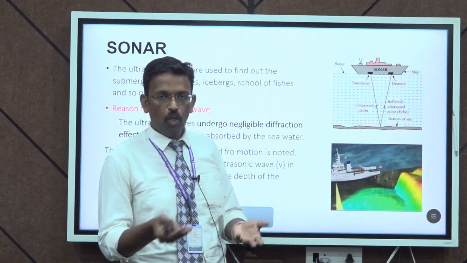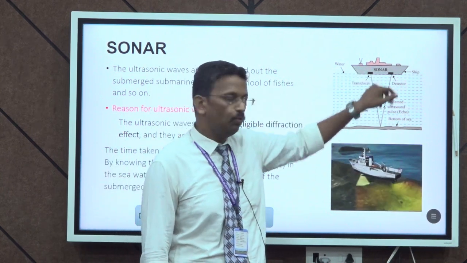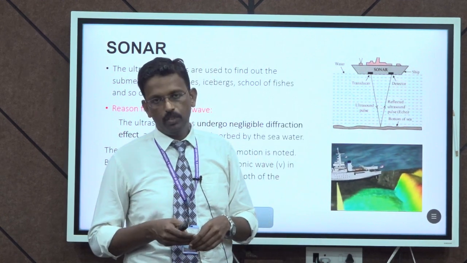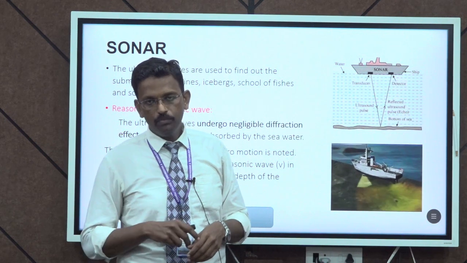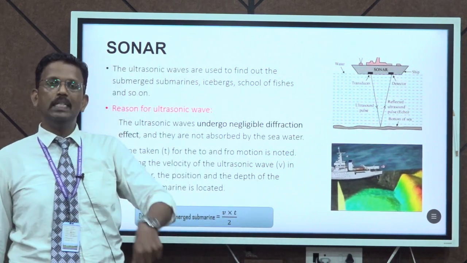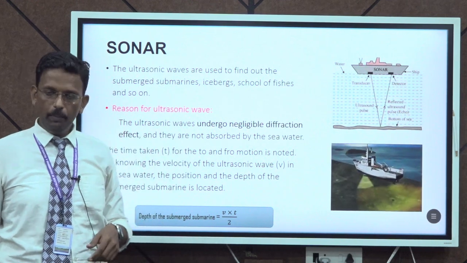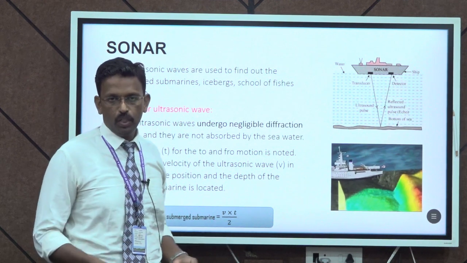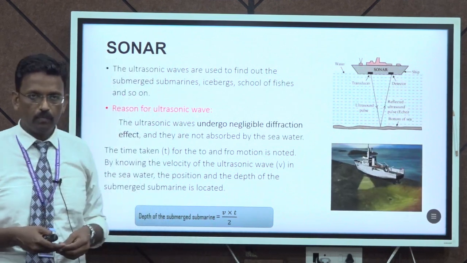So, now we have the time duration between the to and fro motion, between sending and receiving the pulses. We call this time t. So, t is the total time duration of the to and fro motion inside the liquid medium. And we should know the velocity of the ultrasonic wave in the given liquid.